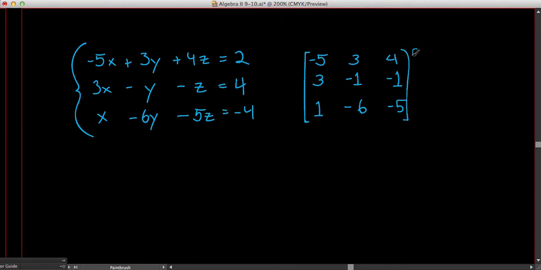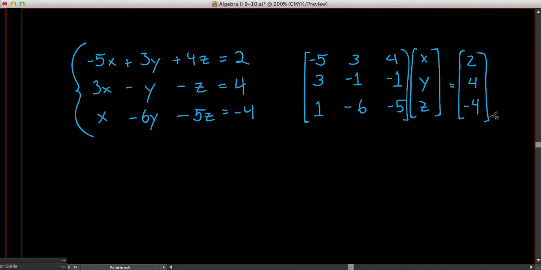All of these are represented as x, y, and z variables, and these correspond to values on the opposite side of the equals sign of 2, 4, and negative 4. Okay, so this is how we would rewrite this system of equations as a matrix.